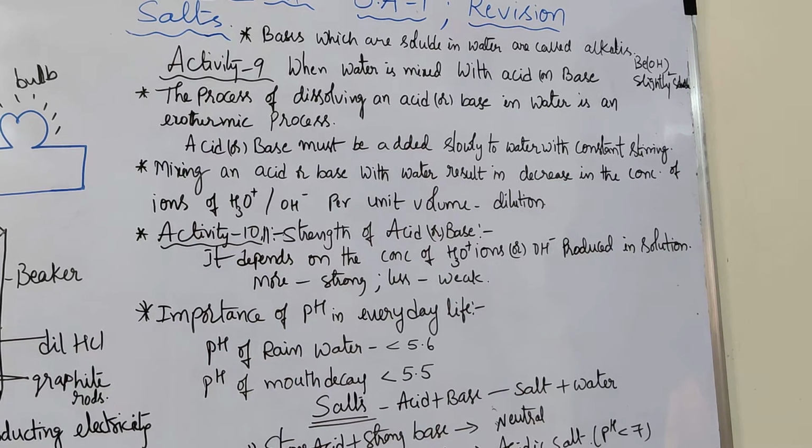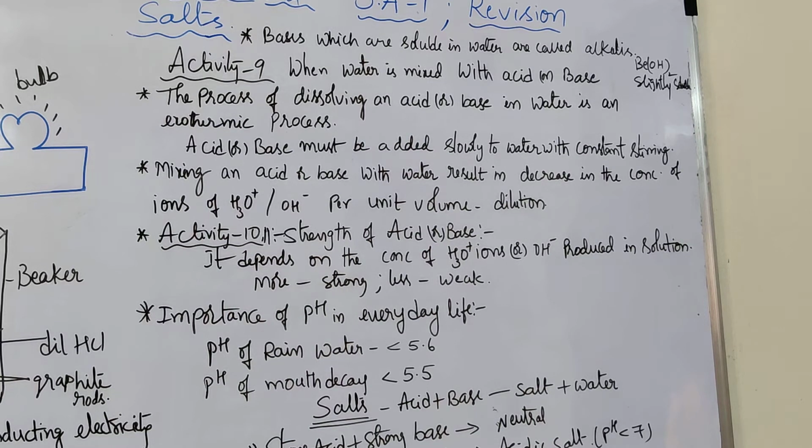Next, importance of pH in everyday life. Living organisms have a narrow range of pH values. There are different activities given in our textbook based on the importance of pH in our daily life. First, for plants and animals, the pH of rainwater should not be less than 5.6.